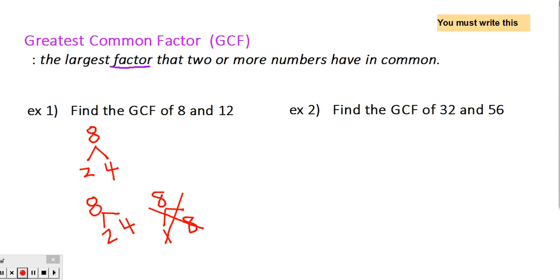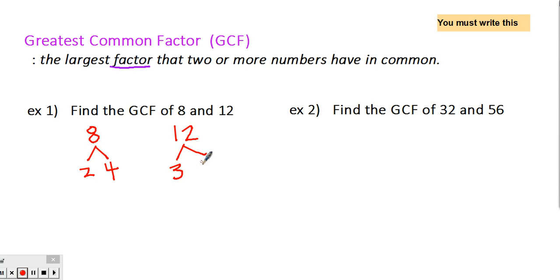And now you can write this down. I'm going to erase the bottom part here. Now factors of 12, you can have 2 times 6, or you can have 3 times 4. And I'm going to go with 3 times 4 because guess what? We just found that they both have factors of 4 in common.